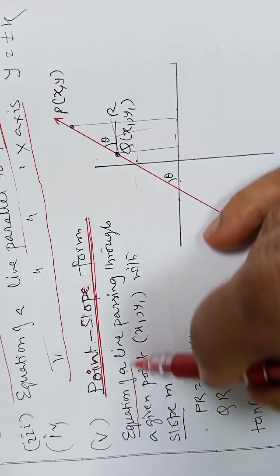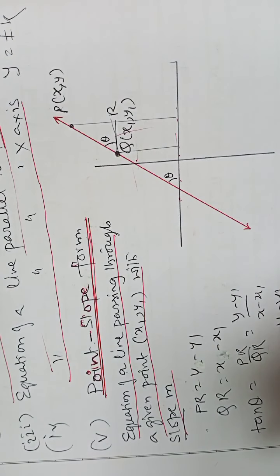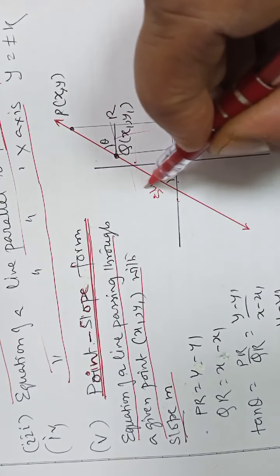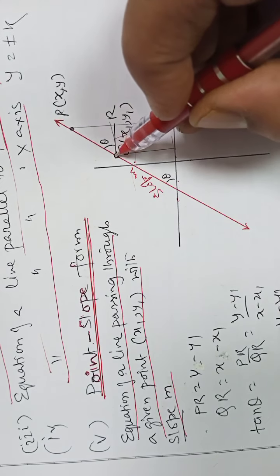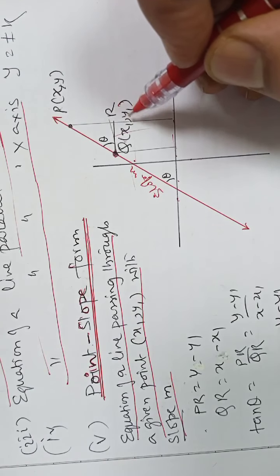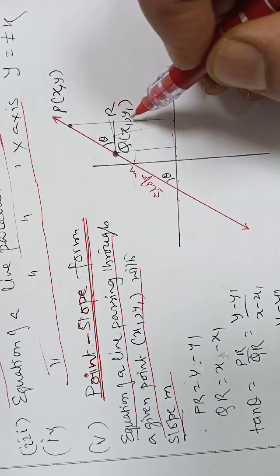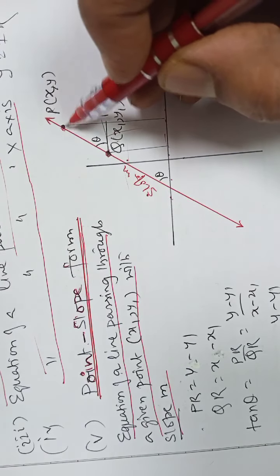We have to find the equation of a line passing through a given point with slope m. We know that the slope is m and it passes through the given point (x1, y1). I have taken Q as the given point. So now for finding the formula, we always take a general point.